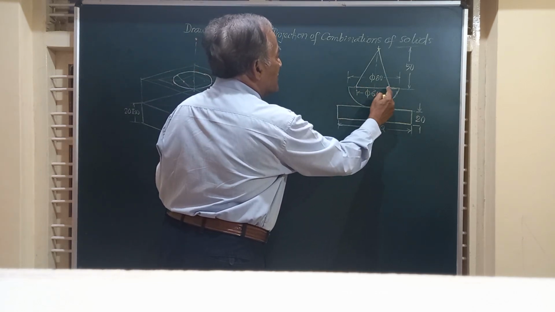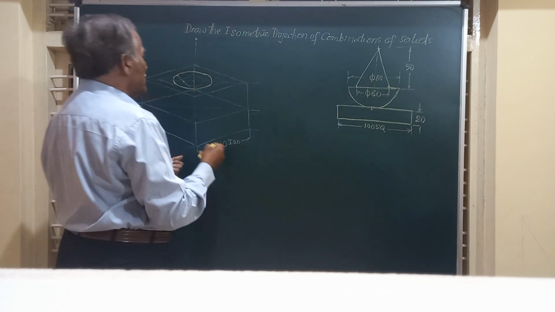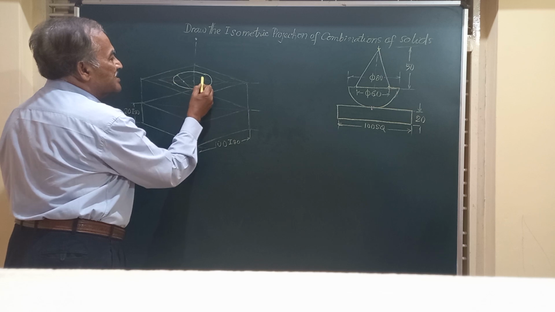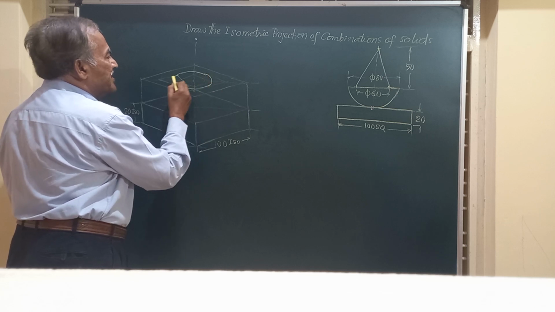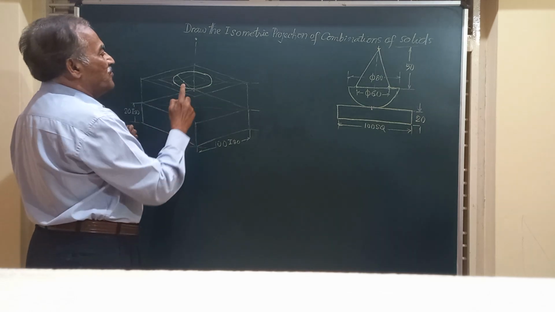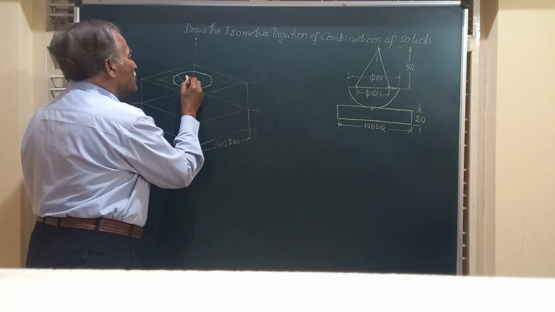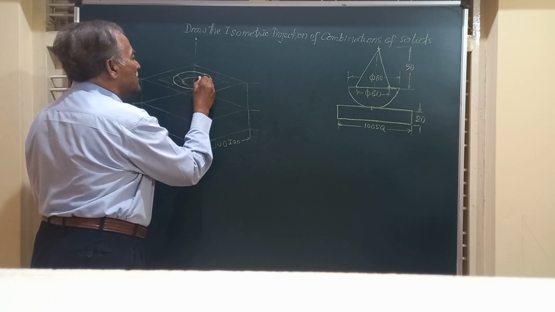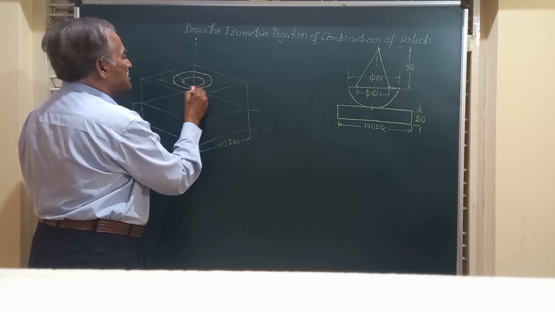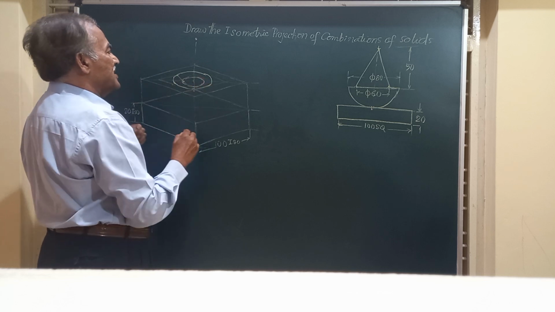There is a gap of 10 millimeter left on all the sides. So friends, I have written once again these lines at a distance of 10 millimeter. So friends, we are going to follow the same procedure and obtain another ellipse parallel to that previous ellipse. Friends, this is how approximately you are going to obtain this.